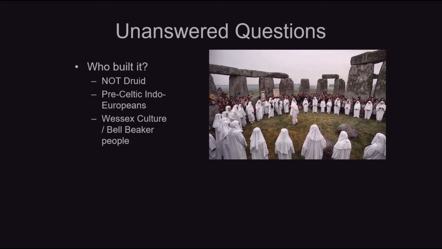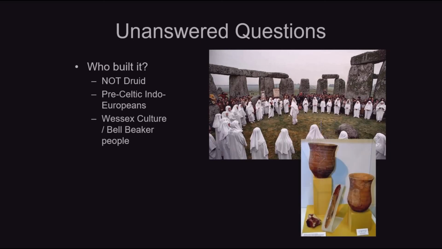Some people suggest it was the Wessex culture. That was a culture that lived in the Wessex regions of southern England, that knew how to work gold and a few other things, but really hadn't figured out bronze. The other suggestion is that it was the Bell Beaker people. The Beaker people are called the Bell Beaker people because they made these drinking cups that are in the shapes of bells.